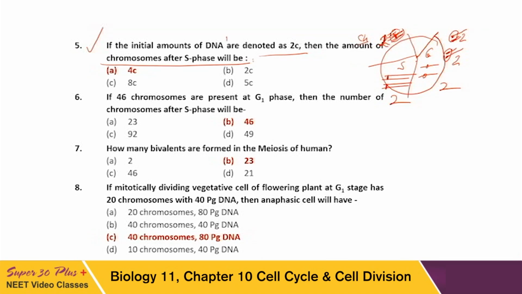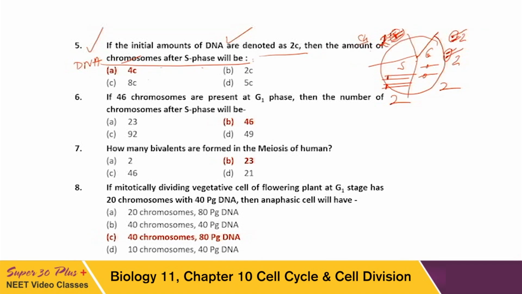Initial amount of DNA is denoted by 2C. He is not asking about the amount of chromosomes, he is concerned only with the amount of DNA after S phase. A little mistake is there; that should be DNA. Can you tell me, here how much do we have? 2C is here.